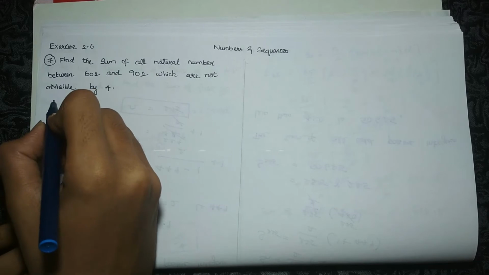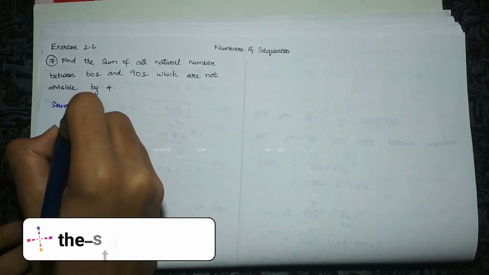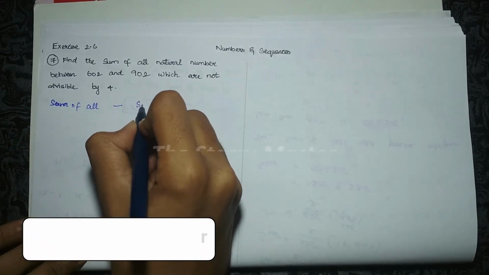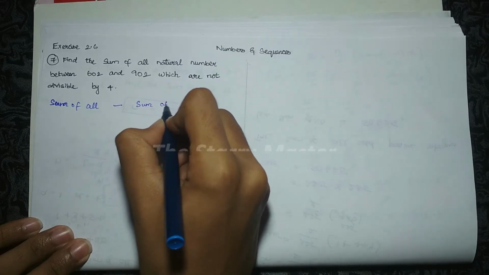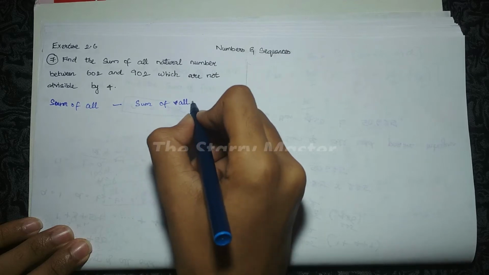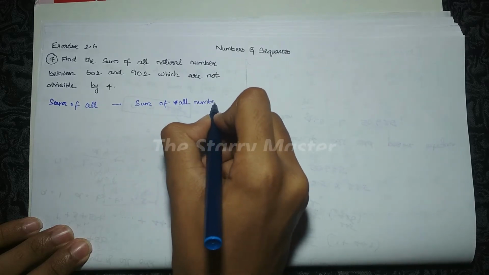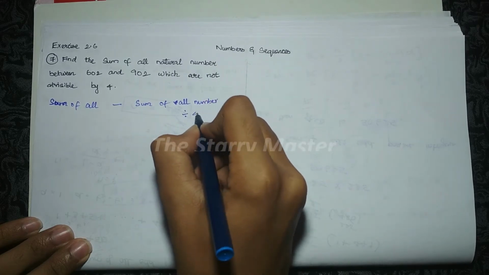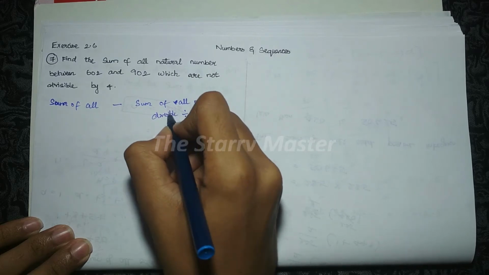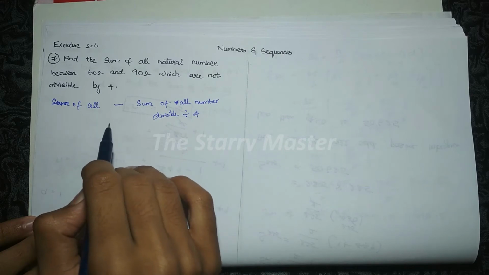So we will find the sum of all values minus the sum of all numbers which are divisible by 4, so that we can find those which are not divisible by 4. We can find it by using this.